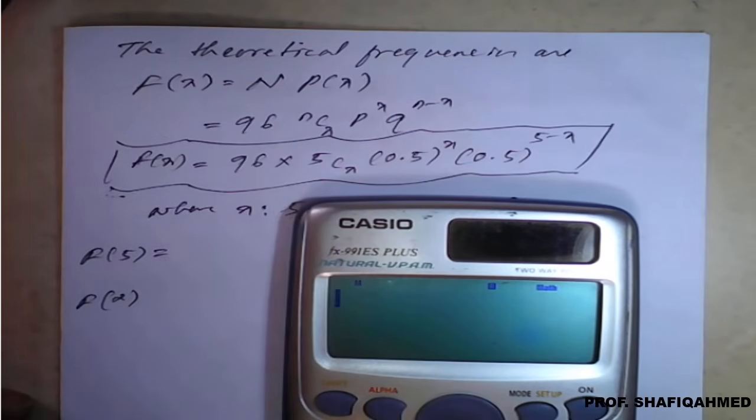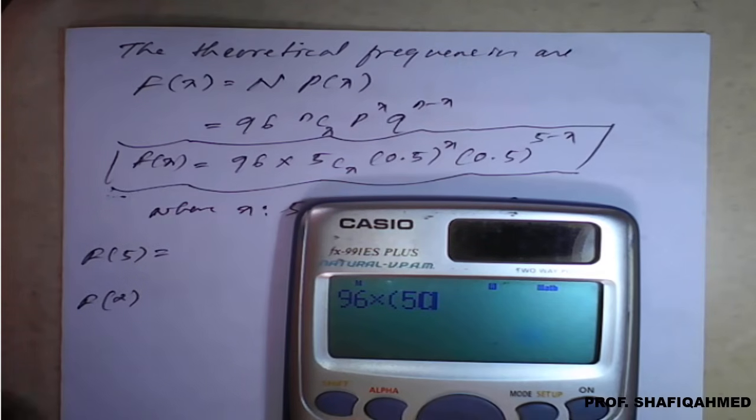This formula will be framed: 96 into bracket, n value is 5, so 5 shift c, that is the divide symbol, you will find nCr, that's alpha x, close the bracket, into 0.5 raised to alpha x, close the bracket, into again 0.5 raised to n value is 5, so 5 minus, I will put a bracket, 5 minus alpha x, close the bracket, again close the bracket.